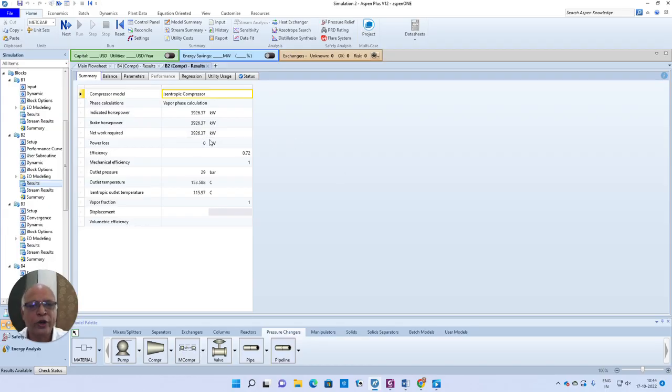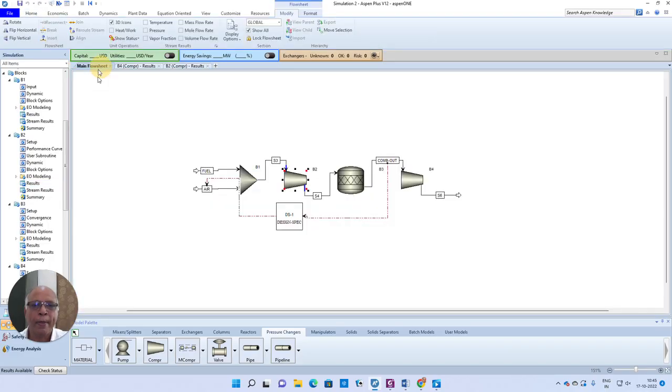The difference between them should give you the net work obtained. So minus 19,221 plus 3,926.37 will indicate the net amount of work generated by this process. Of course, in the process, you are combusting a fuel like methane.